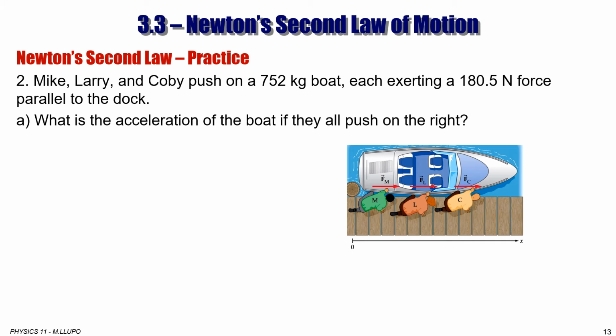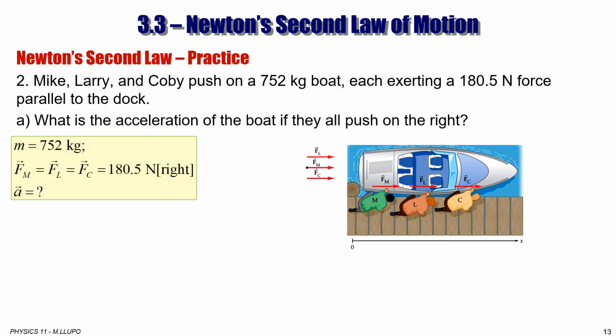Here's another practice problem. There are 3 people pushing a 752 kilogram boat, each exerting a 180.5 Newton force parallel to a dock. What is the acceleration of the boat if they all push to the right? So all of them are pushing in the same direction.